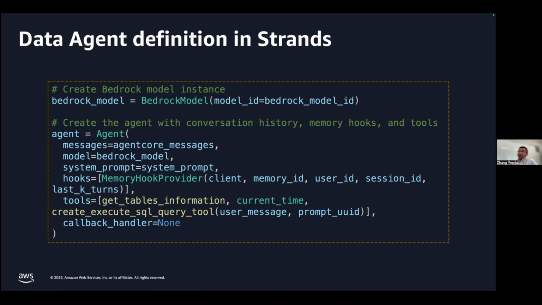In our demonstration, the agent will get the table related information, then generate the SQL, and finally execute the SQL to get the data. And afterwards, the agent will generate the response based on the SQL result. So we will get some insight from our data warehouses in this way.